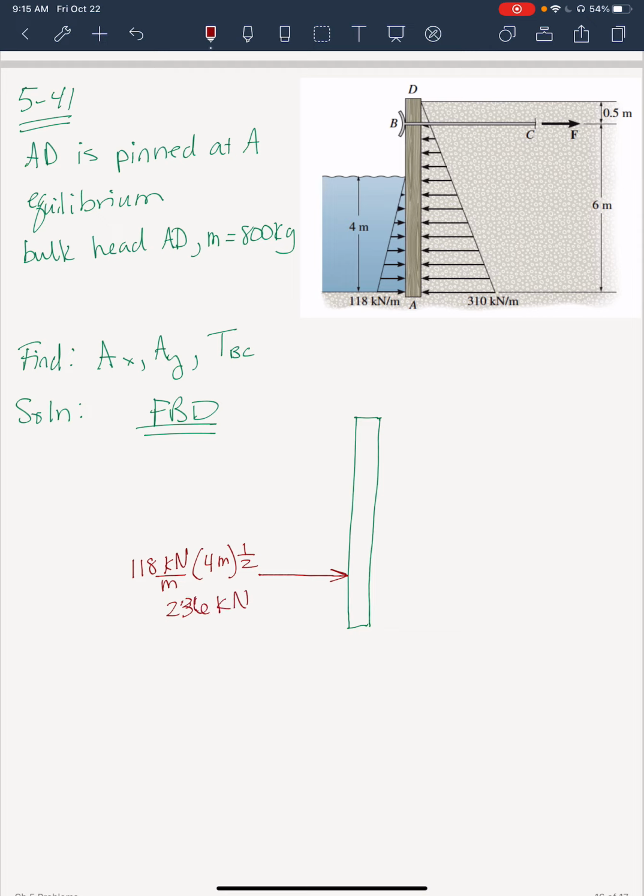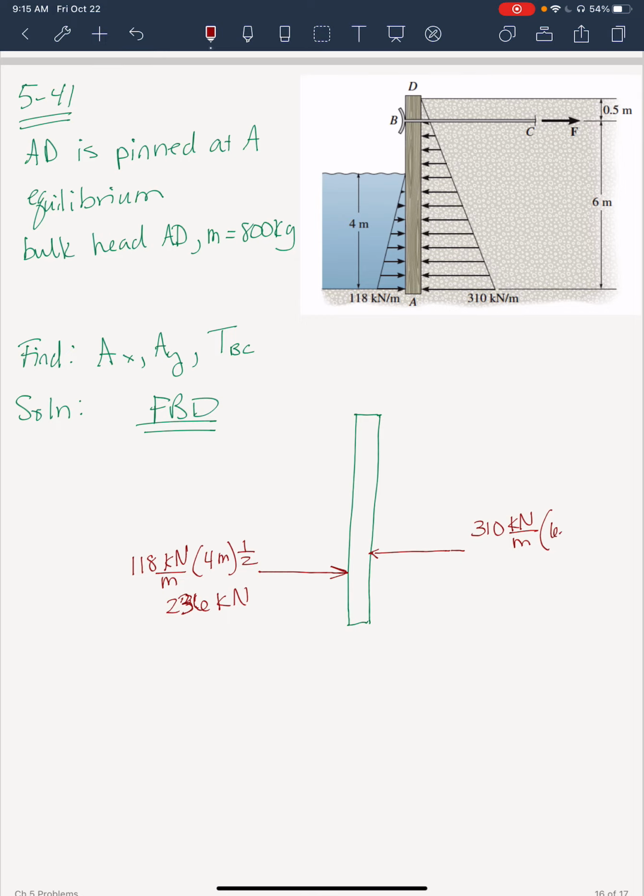I'm having trouble with this tablet. 236 kilonewtons. And then on the other side, from the soil, we have another triangle that goes up to 310 kilonewtons per meter. The value there is 310 kilonewtons per meter times that whole height, which is 6.5 meters, and then times 1/2.